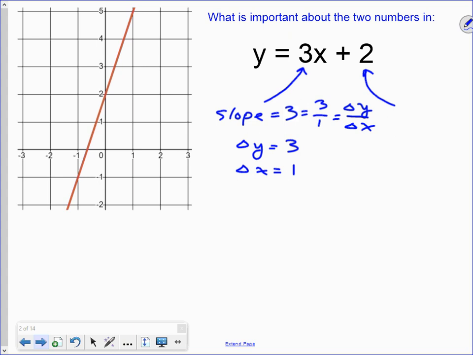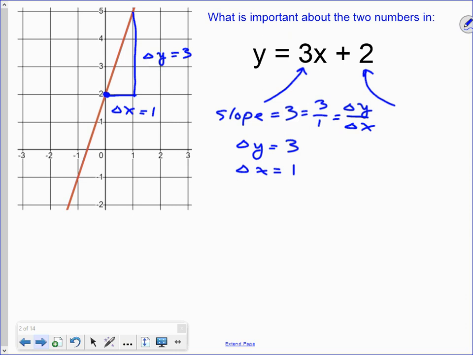So what does this mean? It means that if you start at a particular point on your line and your change in x is 1, your change in y has to be 3. Okay? And this is like the rise and the run that we did last year in grade 9. Okay? So this first number here is our slope.